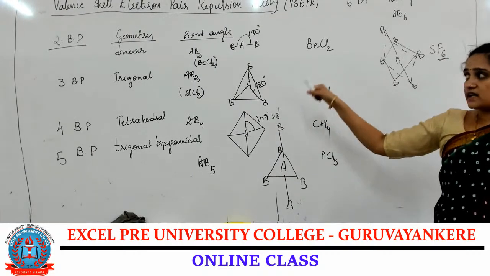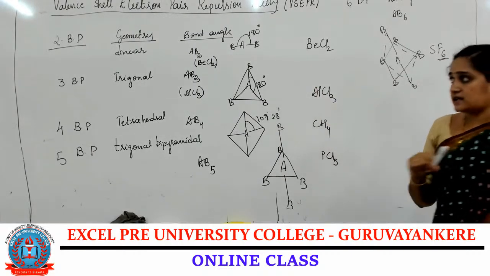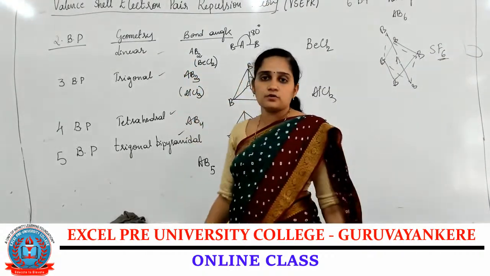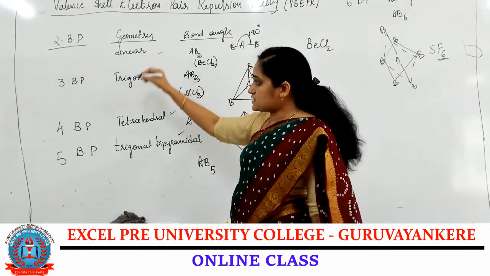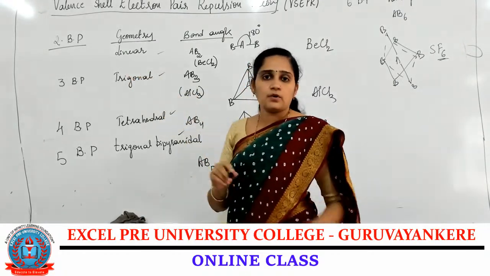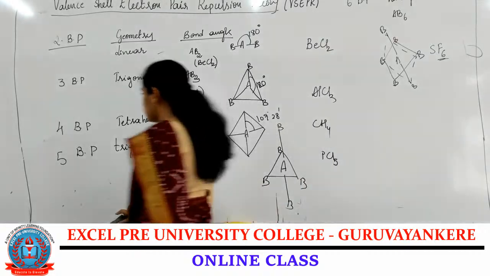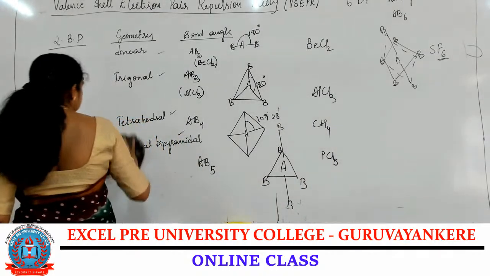How can you write the geometry of the molecule? And these geometries are very important to explain one more time. So all these explanation is only for the bond pair of electron. If lone pair of electron is present, how will the structure differ?